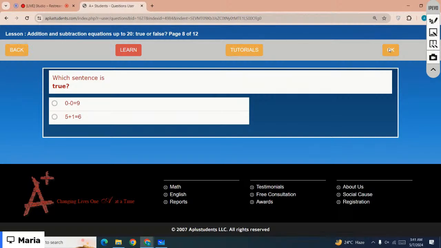The correct option is the second one, 5 plus 1 equals 6.